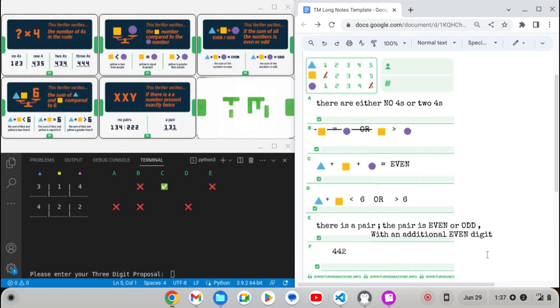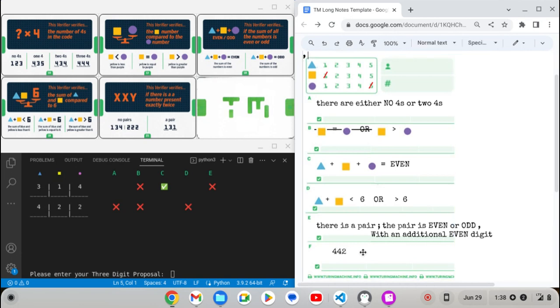Is that right? In order for square to be greater among all evens, 4 has to be greater than 2. And we know it's not 242 because that's a single 4, and we already know that that's invalid. So it would have to be 2 4s.